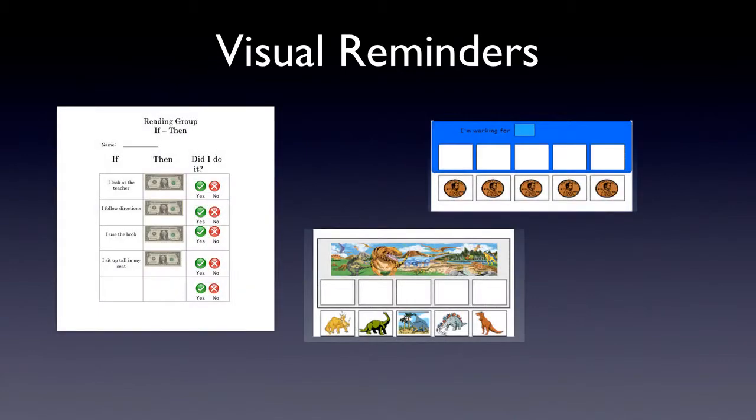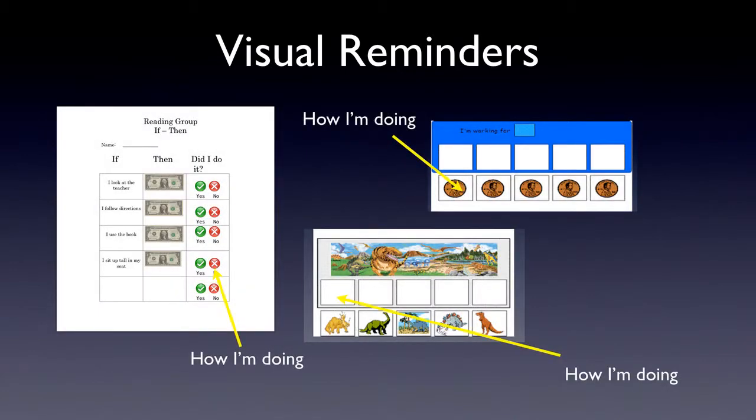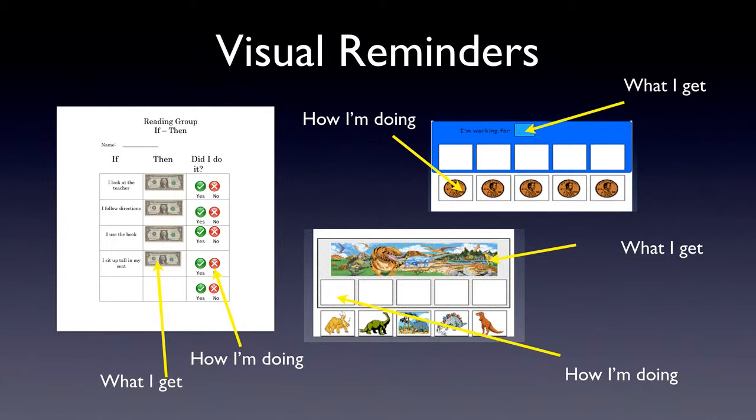A system as simple as a penny chart, combined with specific praise, can show a student how he or she is doing on meeting the expectations. It can also remind the student what he or she is working for and how soon it might be available.